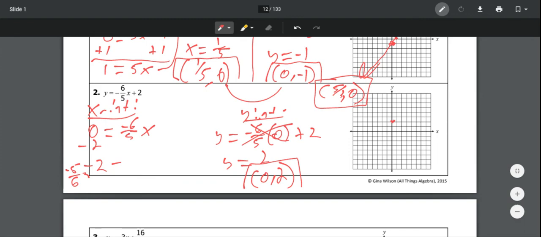Where is my calculator? Oh, there it is. So 5 divided by 3. As a decimal, it's 1.6. So that means as long as our point is in between 1 and 2, we should be good. Then we just draw a line through that. And that's what it would look like.